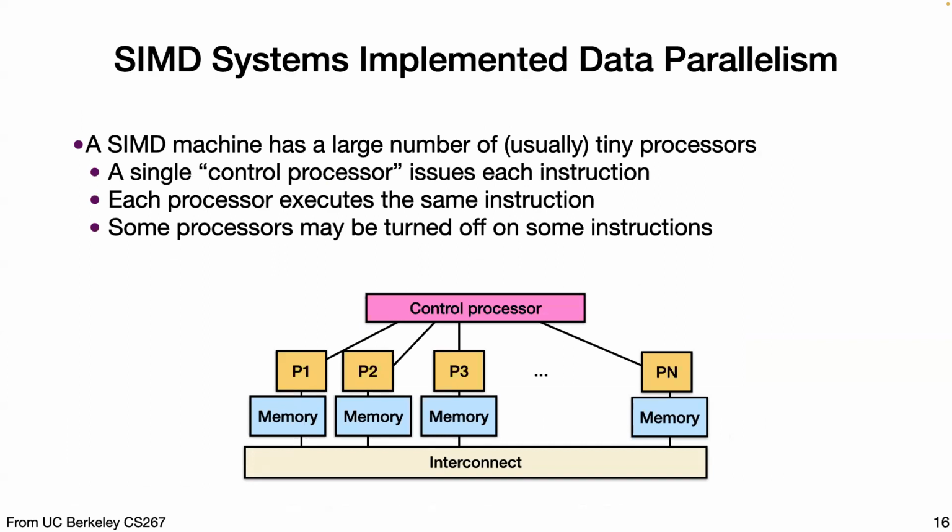So when we want to analyze these, the performance model that we use is pretty much the same as the work-span model that we were talking about last time. Usually in SIMD, the picture of the machine looks a little bit different. You have many tiny processors, and each processor does the same instruction. And with the bit mask, you can turn off some processors for some instructions, but each one has a tiny memory where you load your two operands, and then you have some interconnect between them.